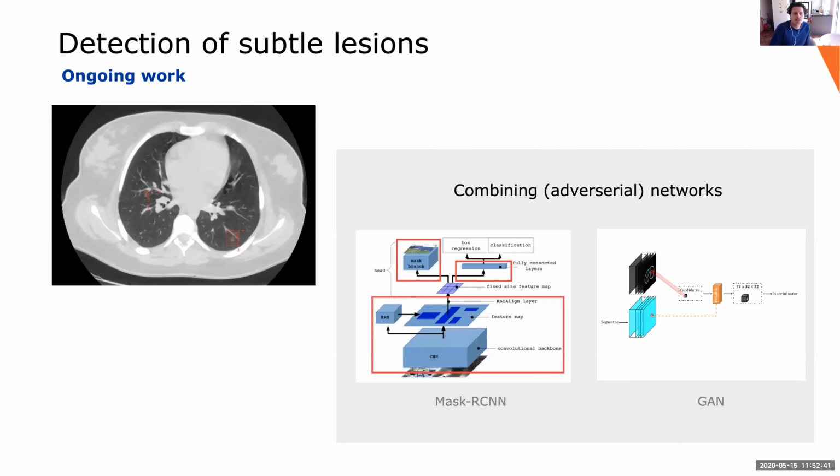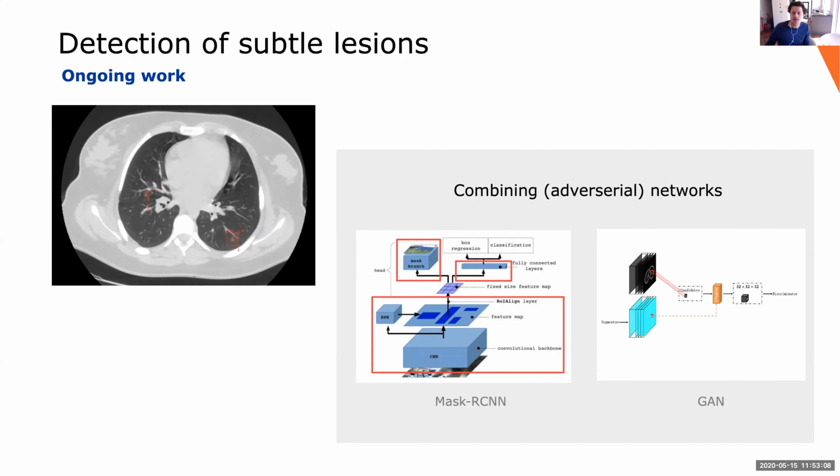So what we see now, the shortcomings of our current approach, is that we still miss some very subtle lesions. Johan showed some examples in the beginning. This could be asymptomatic or symptomatic patients, and they are difficult to detect by a radiologist, but also by our algorithms. And for this specific case, we are considering 2 other approaches, where basically we are combining networks.